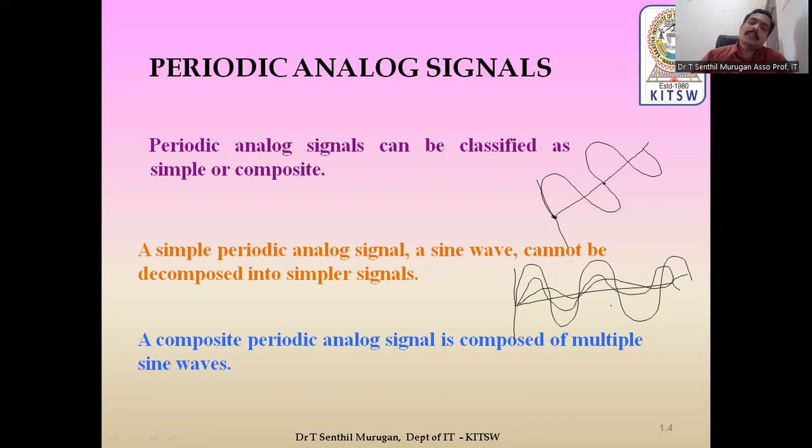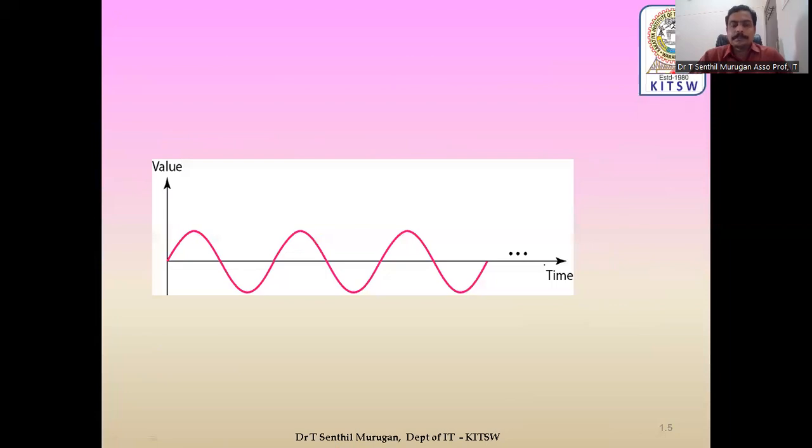How multiple sine waves are composed in a single signal is considered a composite periodic analog signal. So this is a representation of a periodic signal.